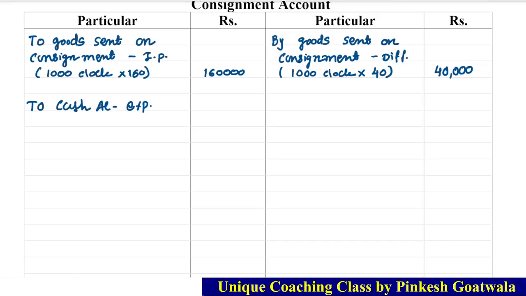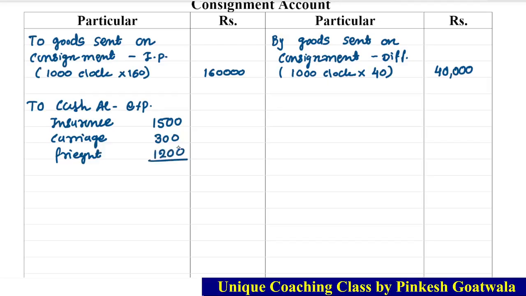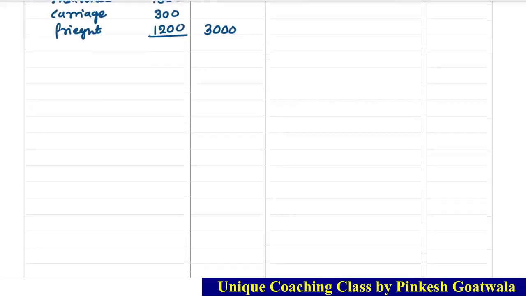Expense, we have to give the name of all the expenses. First of all, insurance 1500, then carriage 300 and freight 1200. So total 3000.